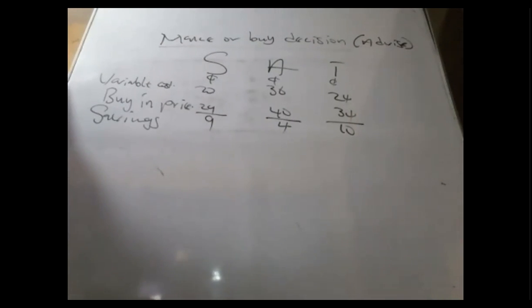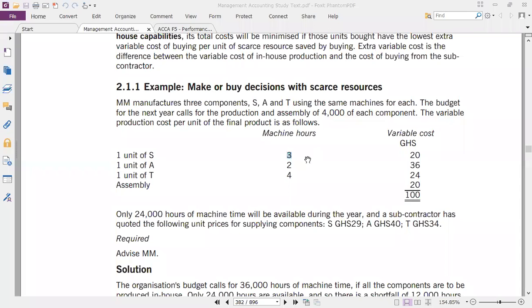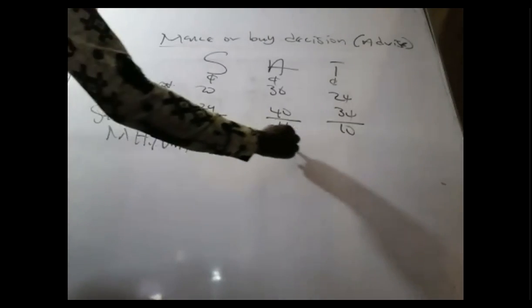Now we bring in the limiting factor, machine time. So what's the machine hour per unit? That's the limiting factor. They give us the machine hours, and we pick that one: 3, 2, 4.